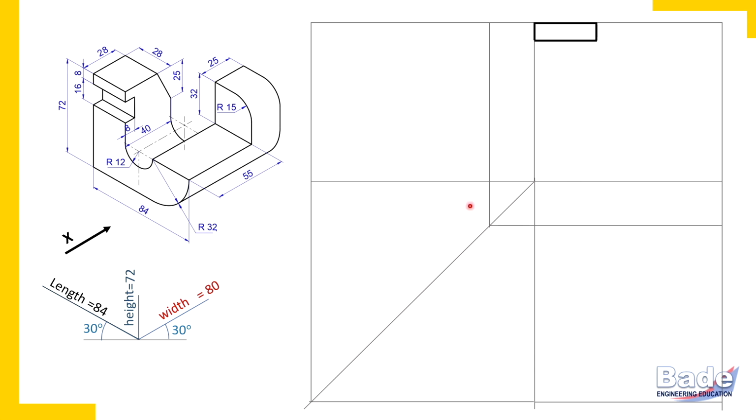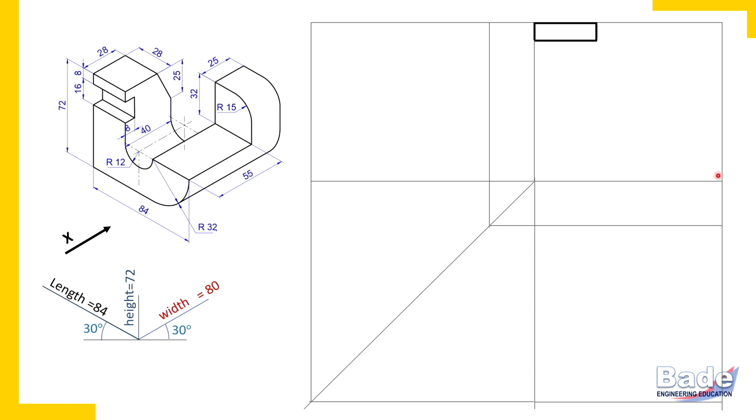Remember I told you, first curved edges, then principal edges, and then non-principal edges. So let's draw this curved edge. It is a quarter circular edge of radius 32. So from the right end, measure 32 horizontally, parallel to the length axis, and 32 vertically, parallel to the height axis, to locate the center of this quarter circular edge.